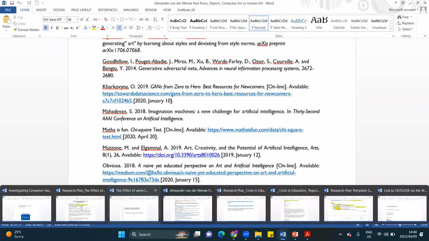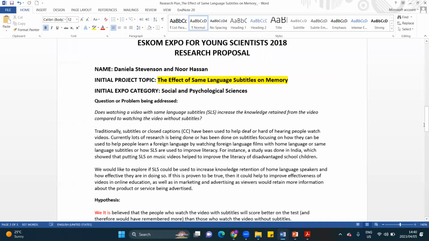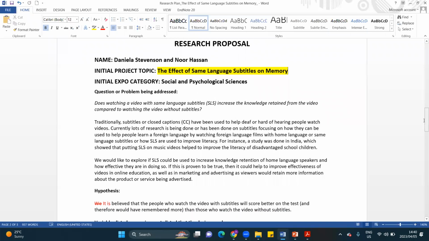Okay, let's see if we can quickly look at another research plan. Here's another one. In this case, the topic of the project is the effect of same language subtitles on memory.